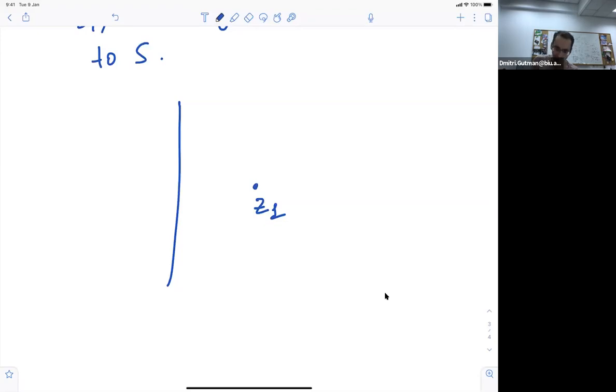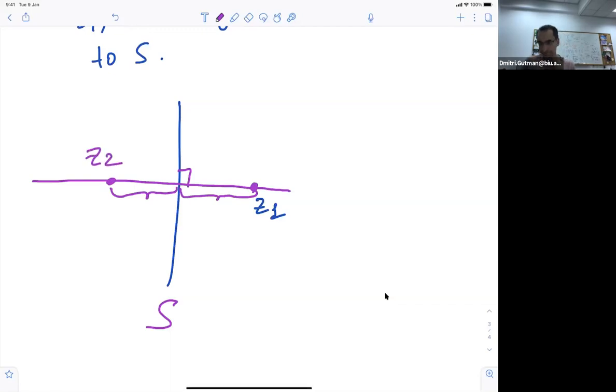Well, essentially we go back to our intuition of elementary geometry, and we do precisely this construction. We draw a line that passes through point Z1 and is orthogonal to the line S. And then there's only one point on this line that has the same distance from the line S as the point Z1. So this would be the point Z2, and this is the only point which is symmetric with respect to line S. So this is elementary geometry.